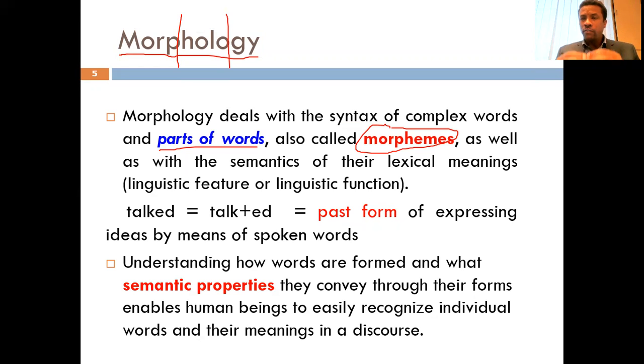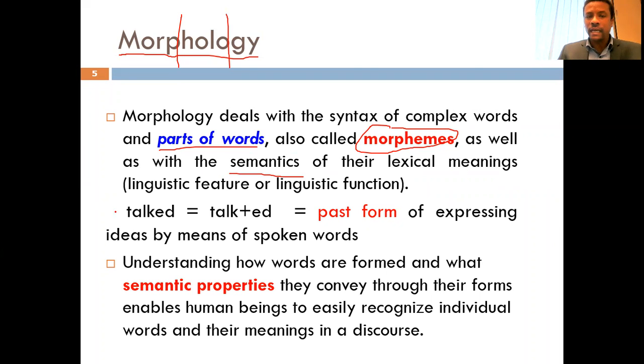Mind you, whenever you have a word, and if it has parts, as we have seen yesterday, each of the parts has a role to play. So whenever you deal with morphemes, mind you, morpheme is part of a word. Whenever you deal with a morpheme, then for each of the morphemes, you have to be concerned about the semantics, the meaning they have.